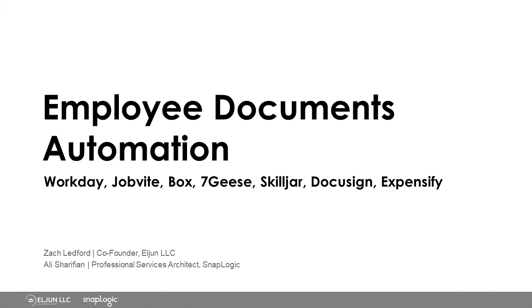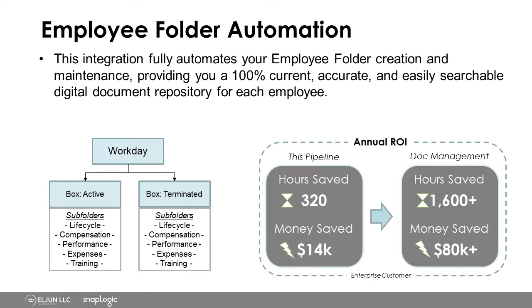Hi, everyone. Thanks. So today we're going to be talking about employee document automation. There's sort of two components to this. The first is automating the employee folder structure inside of your digital repository of choice. In this demo, we're going to use Box to highlight how this piece works. But essentially what we're doing is looking at your metadata inside of Workday and pulling information out to create a folder structure.